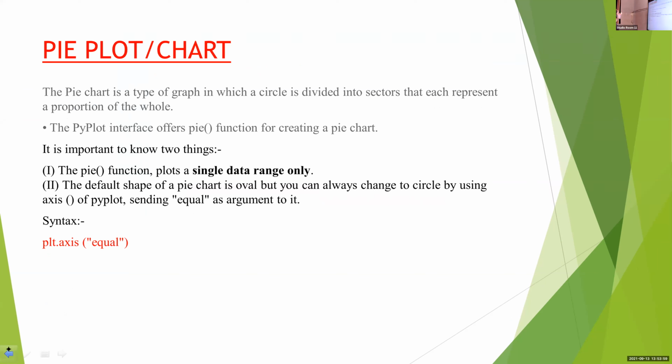The pie chart is a type of graph in which a circle is divided into sectors that each represent a proportion of the whole.